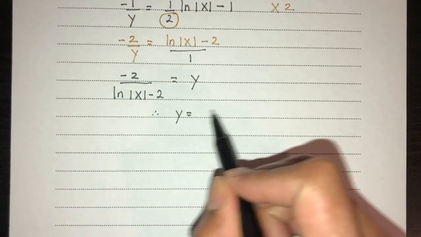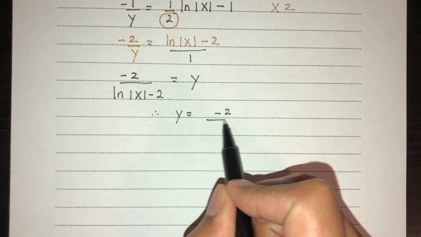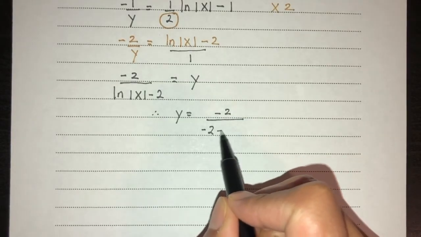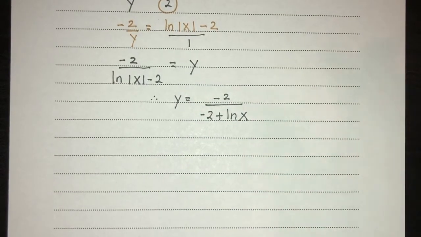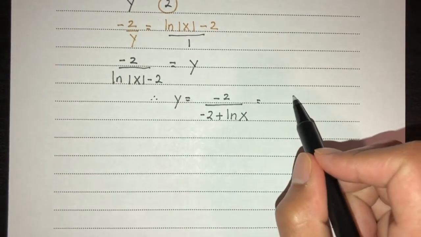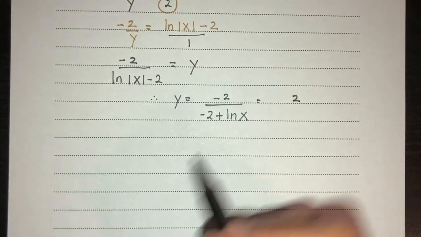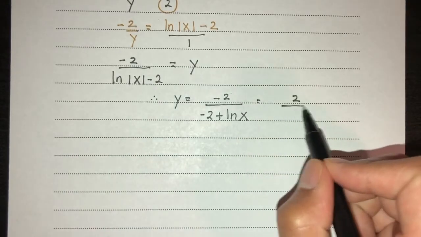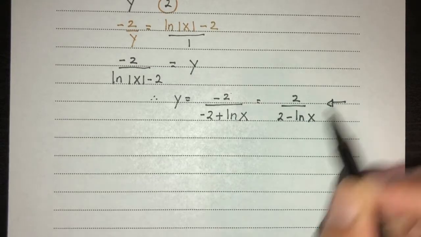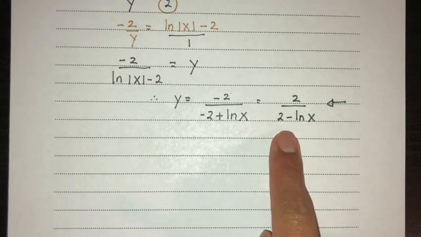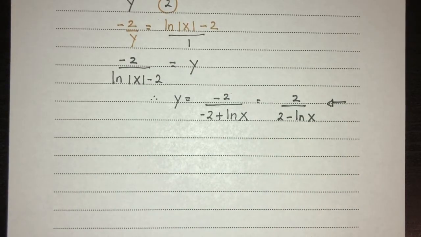Y is equal to minus 2 over minus 2 plus ln of x. Now if you want to simplify, you can divide by minus 1, both up and down. You will have 2 over 2 minus ln of x. And that is your answer for y in terms of x for question number 6.